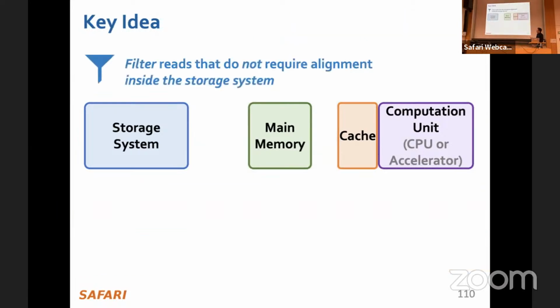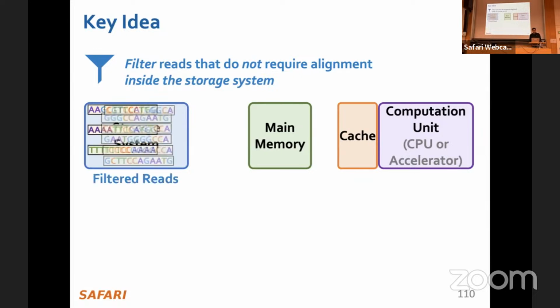We do this in GenStore by filtering the reads that sit in the SSD and do not require costly computation in the later steps. Rather, we can do some simple computations within the SSD so that we don't have to move them across the many levels of the memory hierarchy, and so you reduce the data movement. This means you filter some reads by doing computation within the storage, and you only send the ones that need to be sent.